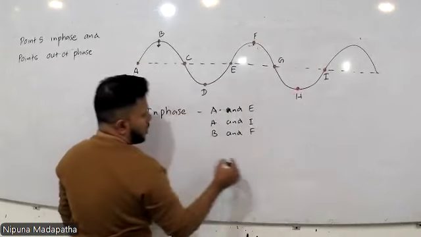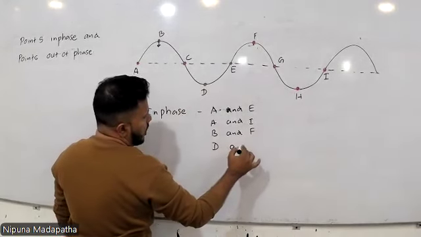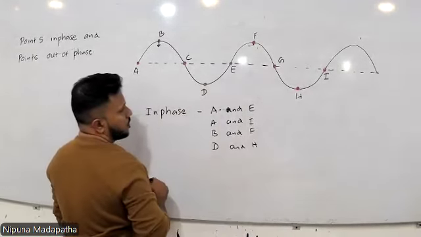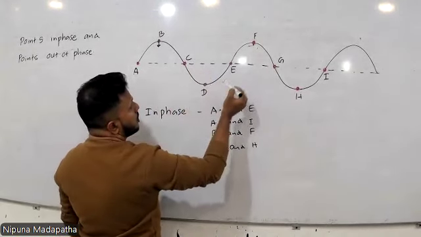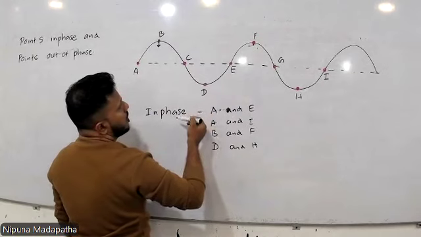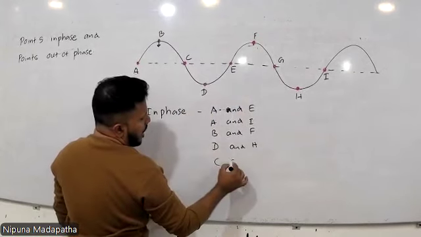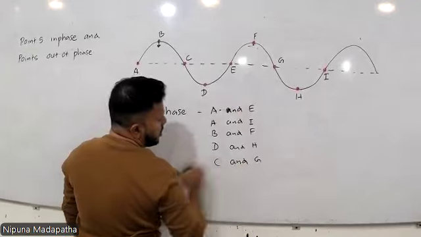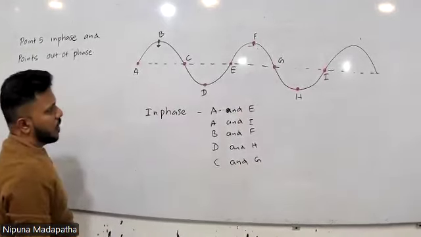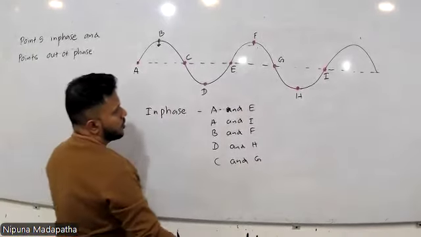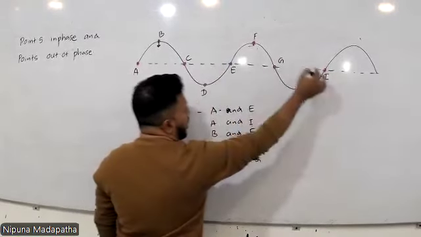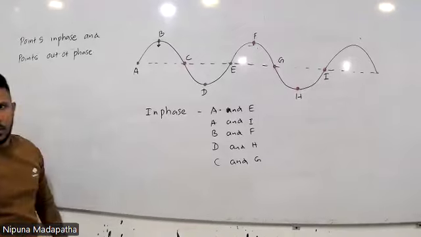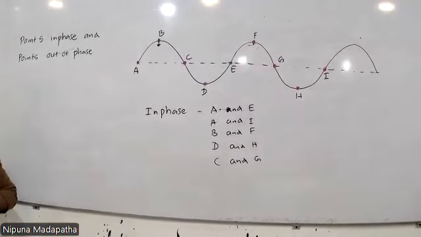D and H, yes, good. D and H are in phase. E and G are in phase. E and I are in phase. The difference is 2 pi.